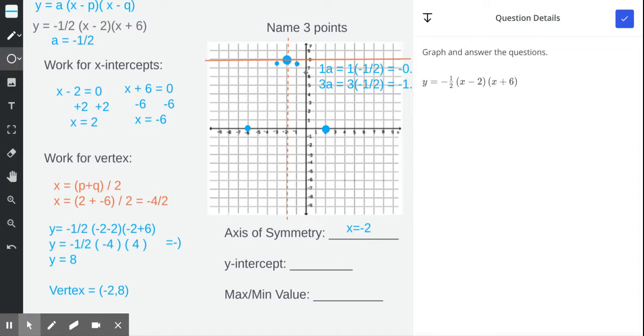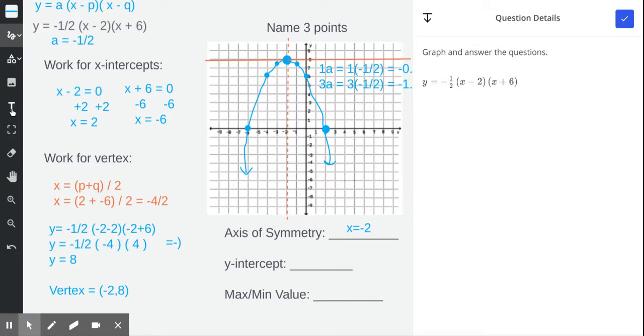So down 1 brings me to the middle, and down 1/2 brings me there. And the symmetry point is there. And now I can draw as closely as possible a nice curve, which is easier said than done. Okay. That's most of it.